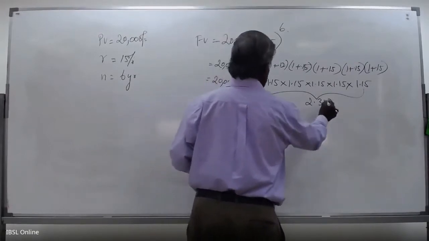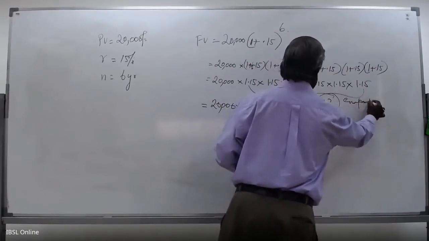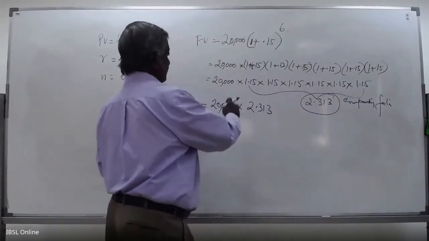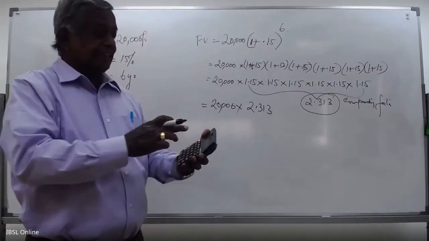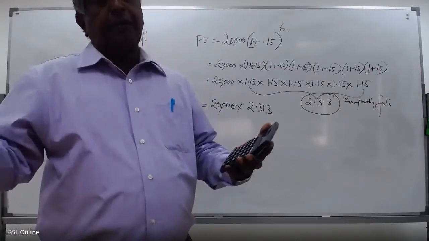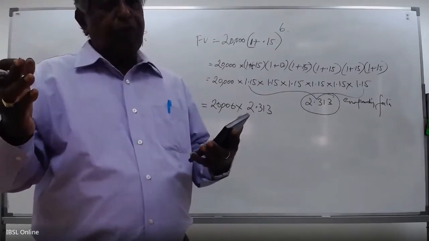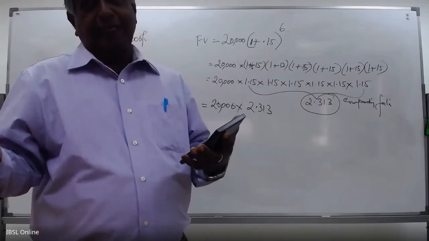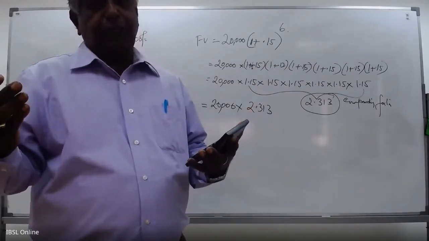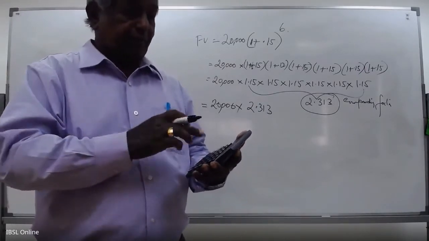So this is the compounding factor. I have taken 3 decimal points. When you take more decimal points, the accuracy is more. But in the exam, you can take 5 or 6 decimal points; maybe 3 decimal points is okay.